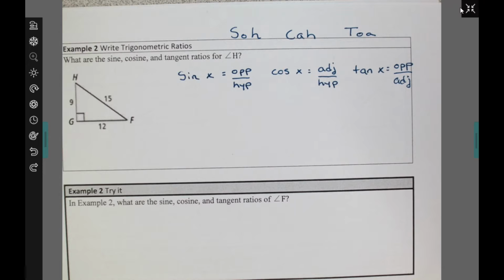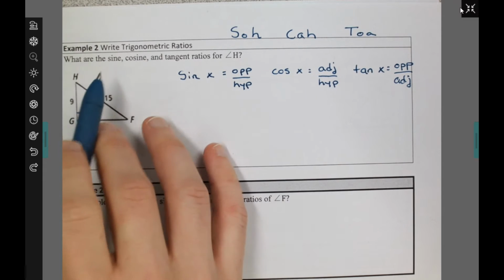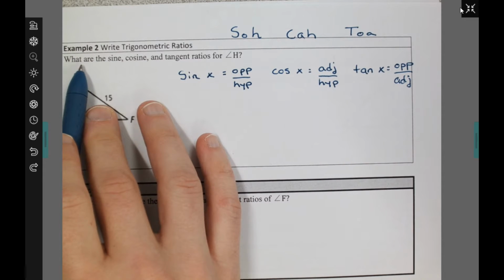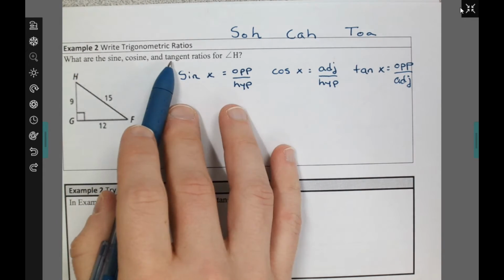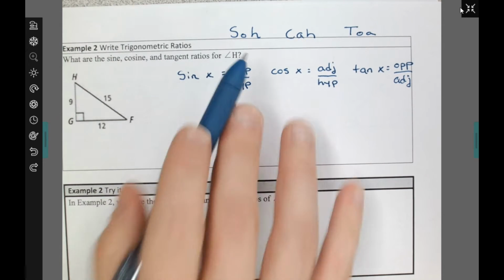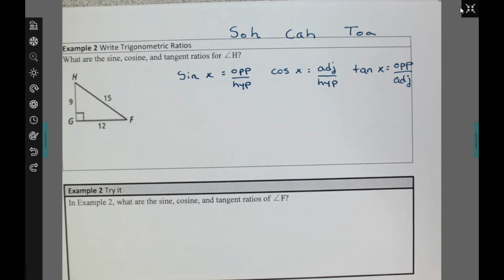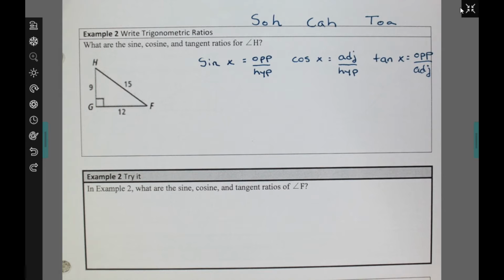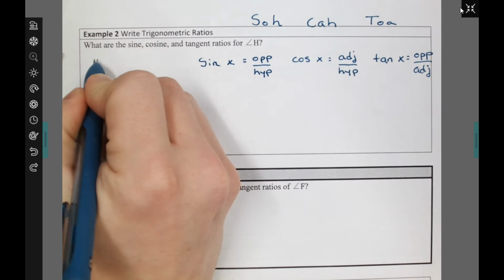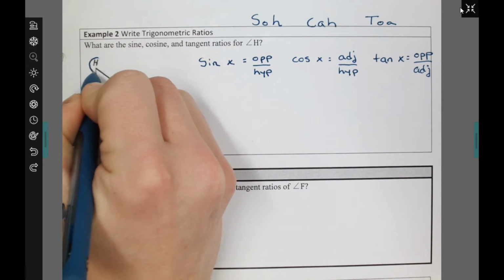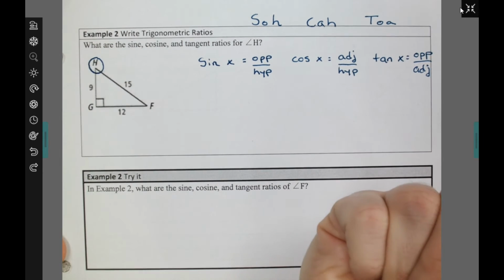So now the next step is we have to label the sides of our triangle. In example 2, they want the sine, cosine, tangent for angle H. Depending on what angle you're dealing with, our opposite and adjacent sides are going to change, so you're going to have to label this triangle multiple times. I go to angle H, all the way up here, and label sides.